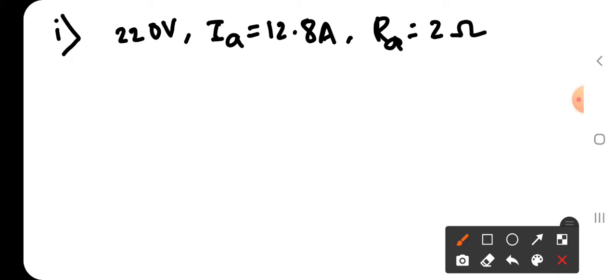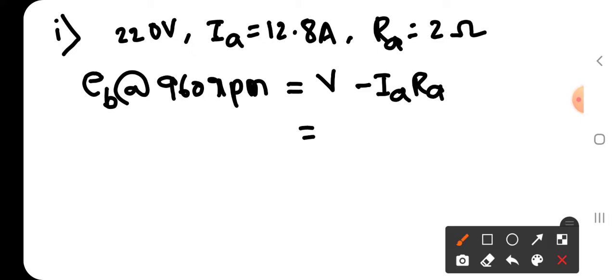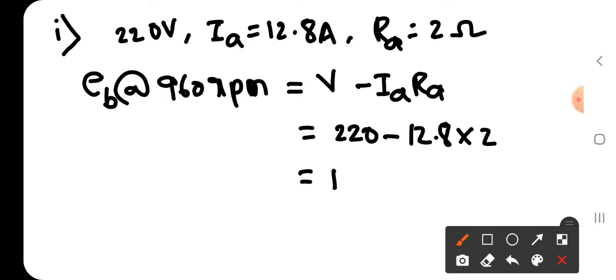Then the back EMF EB at 960 rpm is given by EB equals V minus IA into RA, which is 220 minus 12.8 into 2. This is approximately 194.4 volts.